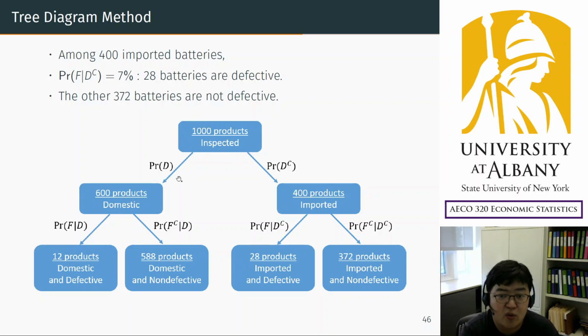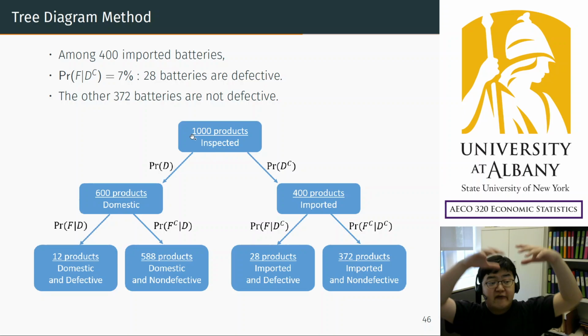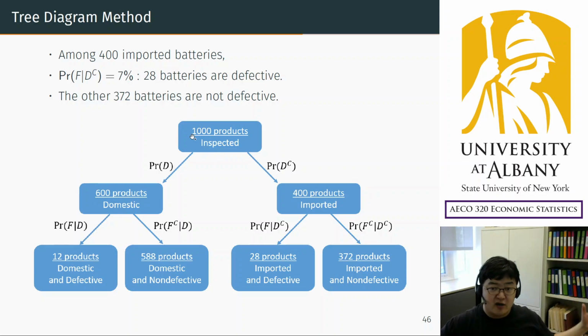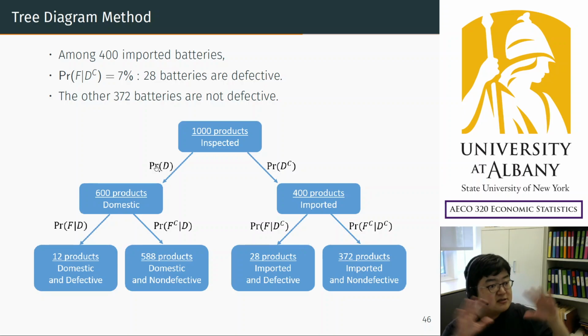Also, what you have to realize here is you have to apply the correct probability in the correct order. Out of the total 1,000 batteries, you have to apply the unconditional probability first because there is no condition at the beginning.